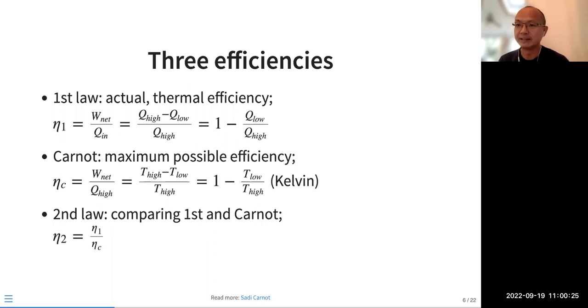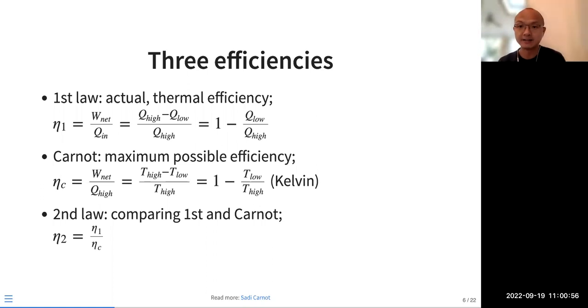You may see terms like supercritical, ultra supercritical. Those all push the pressure and the temperature of the high temperature as high as possible. And this will also help us understand why climate change has an impact on the system, which is the low temperature, right?